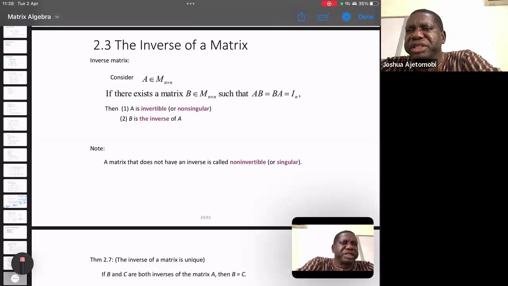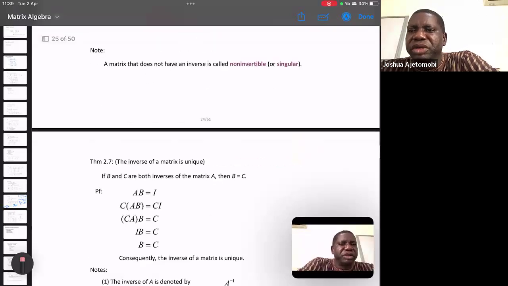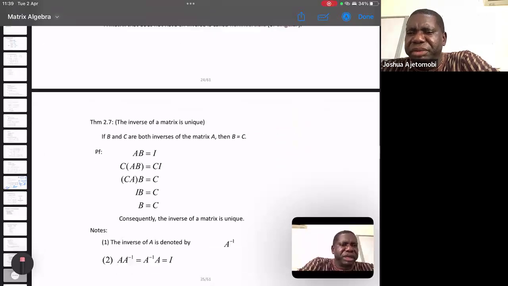If there exists a matrix B, a member of M by N matrices, such that when you multiply A and B, you get BA, and the product gives you identity matrix, then you can conveniently say that B is the inverse of A. A matrix that does not have an inverse is called a non-invertible or singular matrix.